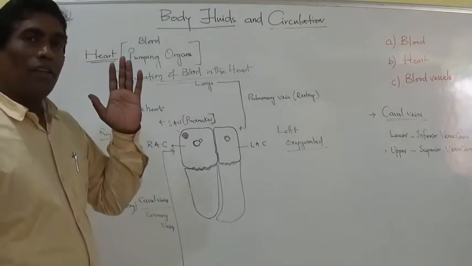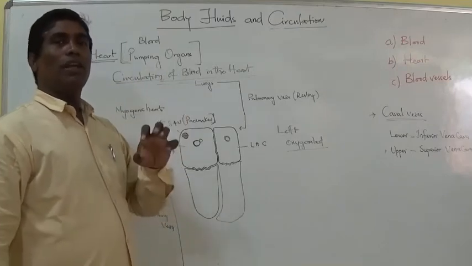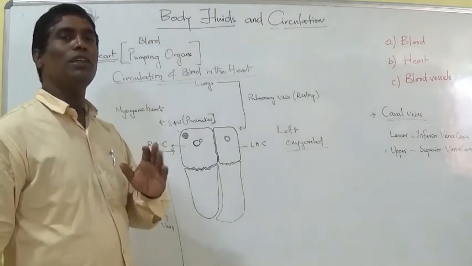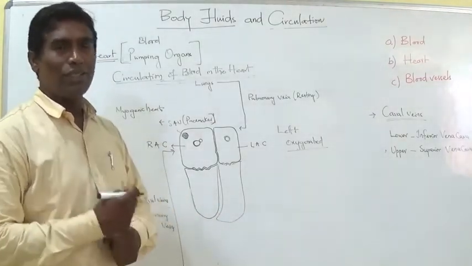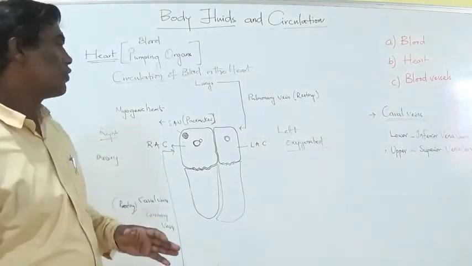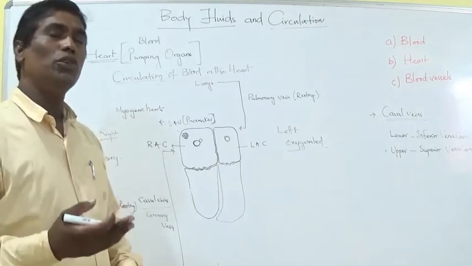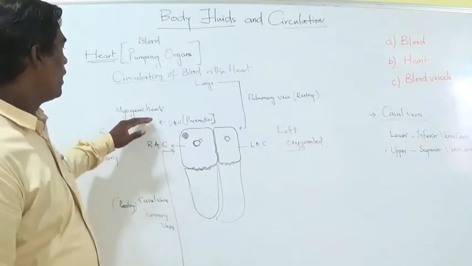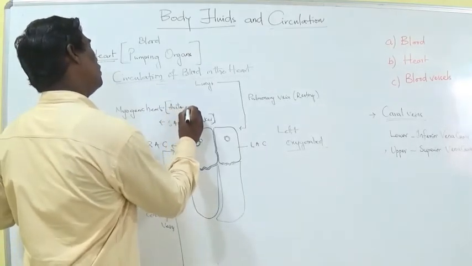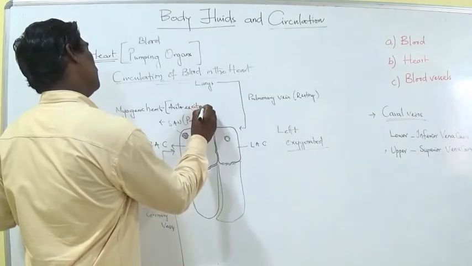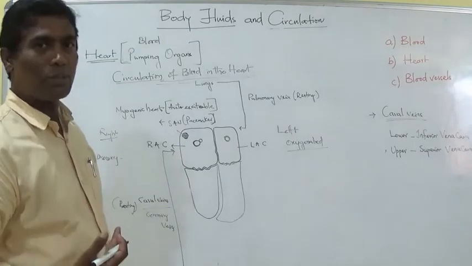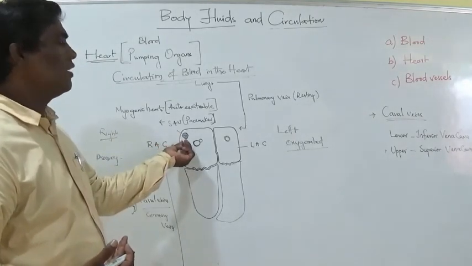Whereas in case of arthropods, the hearts usually function with the stimulus that is created by the nervous system, and that's the reason why they are called neurogenic hearts. Okay, so myogenic hearts are auto-excitable. They can be excited within themselves with a special tissue that is called nodal tissue.